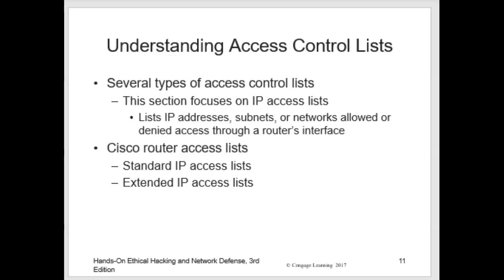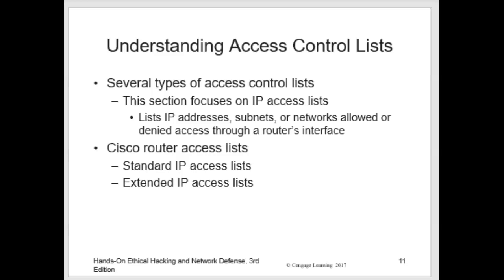Now, Cisco refers to IP access lists as, quote, access control lists, unquote, but refers to this specific file containing the list as an access list. So just know that sometimes Cisco goes back and forth. IP access list is referenced as an access control list, right?